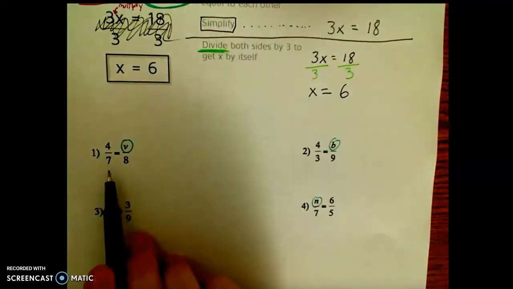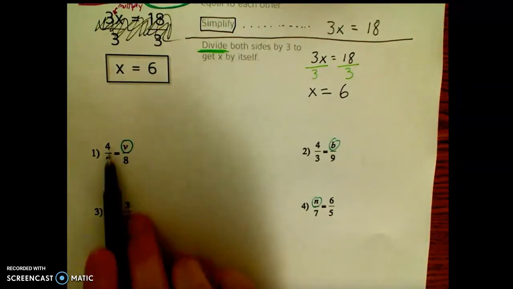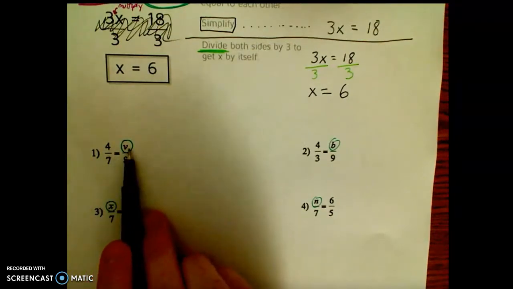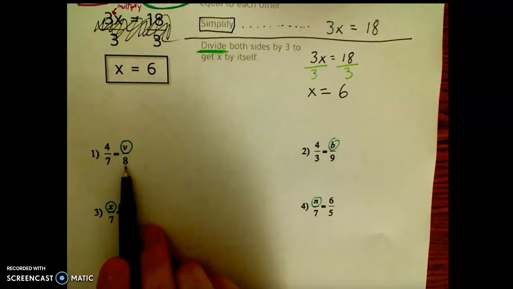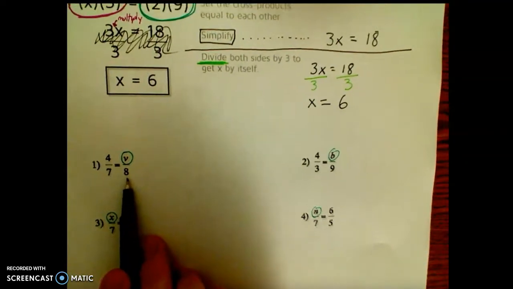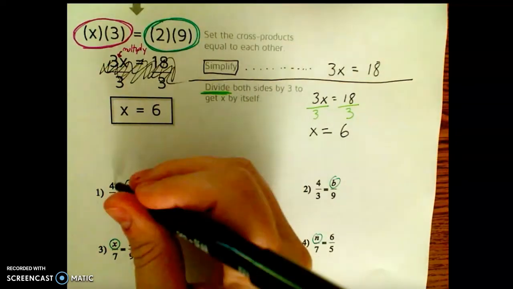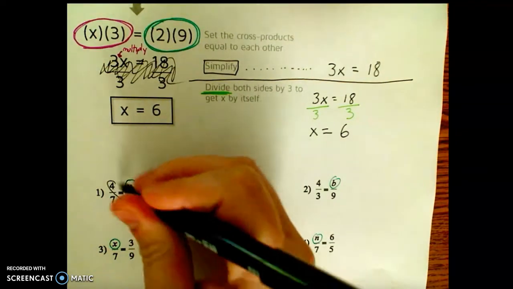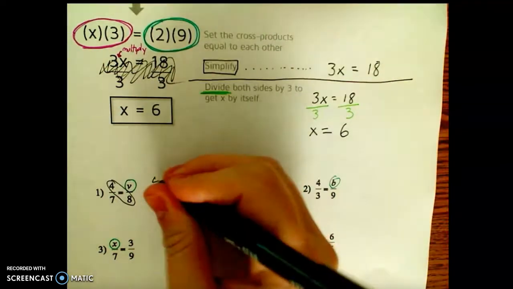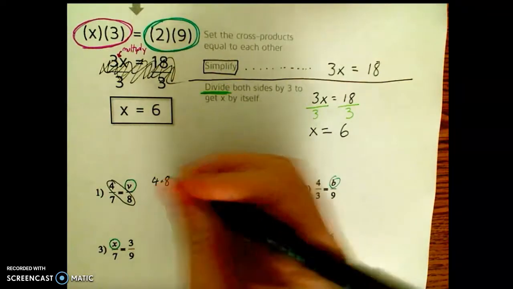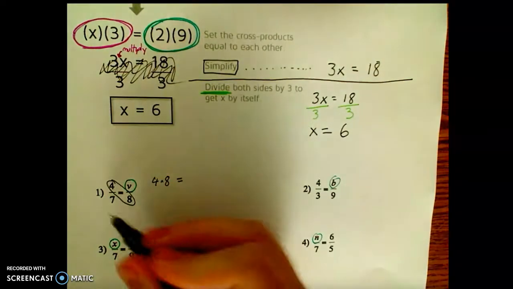Number 1, we have 4/7 equals v over 8. Step 1 says to cross multiply and set the cross products equal to each other. So I want 4 times 8 to equal 7 times v.